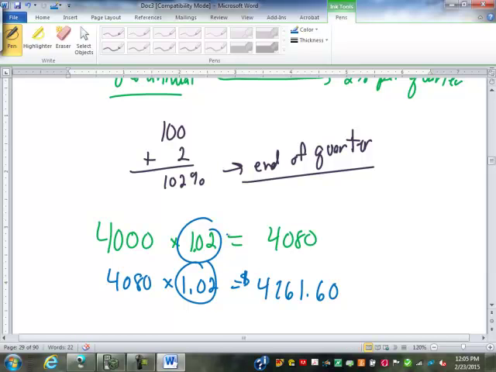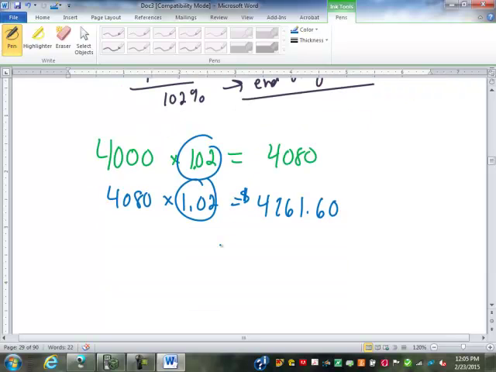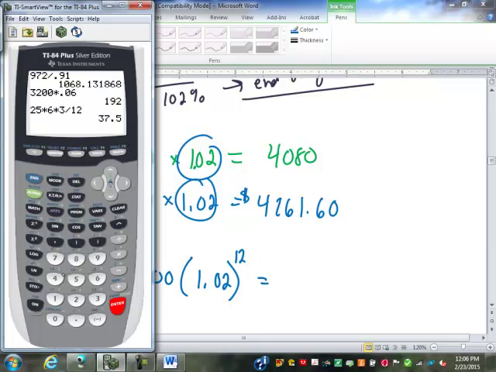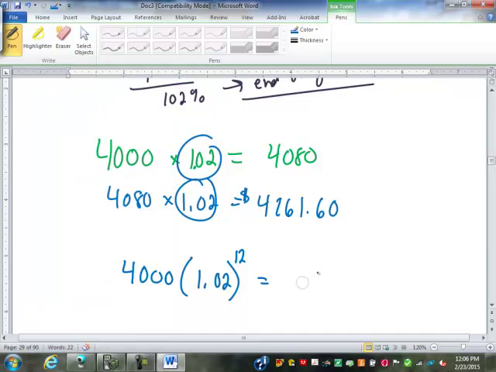We have a method of multiplying by the same number over and over again, and that is an exponent, or a power. So since we're going to multiply by that 1.02 each quarter for 12 quarters, let's just put 12 in there. So this would be 4,000 times 1.02 to the power of 12, giving us 5,072.97.